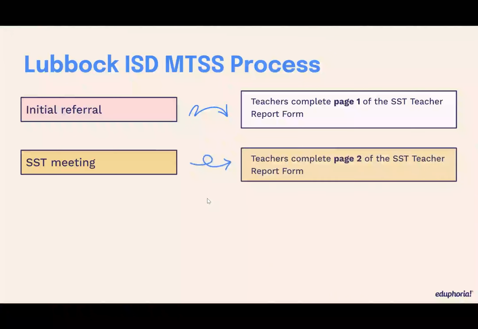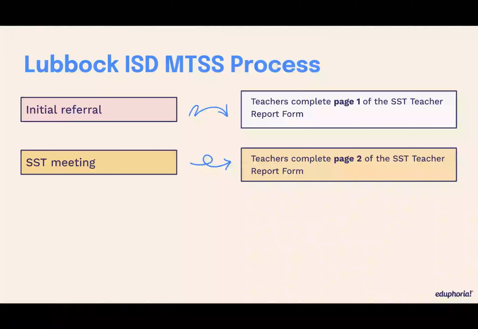Then ideally later in the process, sometimes we set a time, 6 weeks later, after the next district assessment, we're going to meet again as a committee, and we have what we call page 2 of that teacher report form. And that is just some follow-up information, because we want information from the teacher to help guide that conversation.